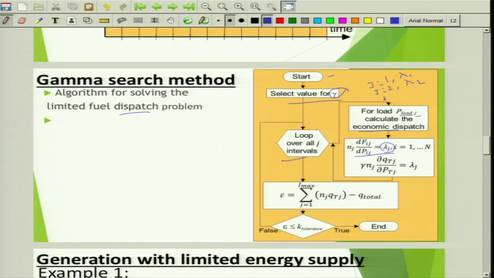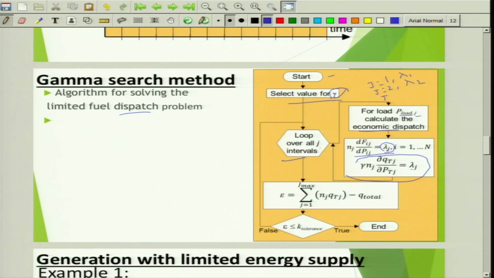As many intervals as there are, that many lambdas you get, and for each lambda there is another equation from the previous expression, gamma Nj dQtj by dPtj equal to lambda j, right? You have got this lambda and fixed the gamma, but this is not the optimal lambda and optimal gamma.